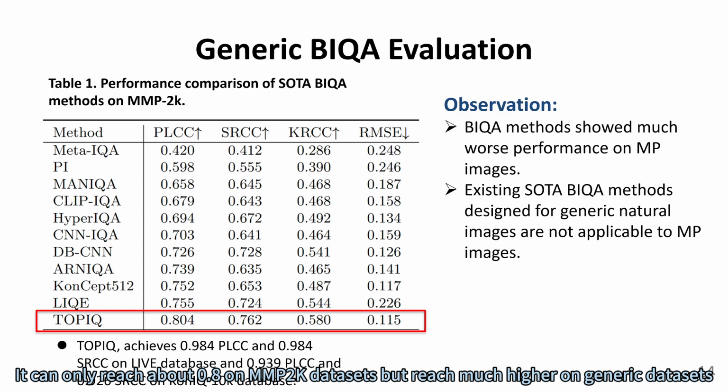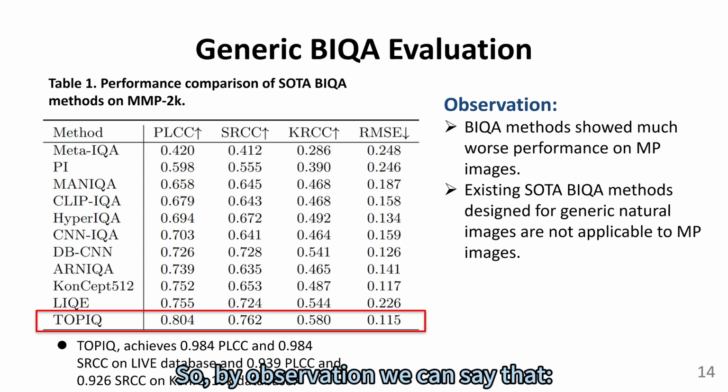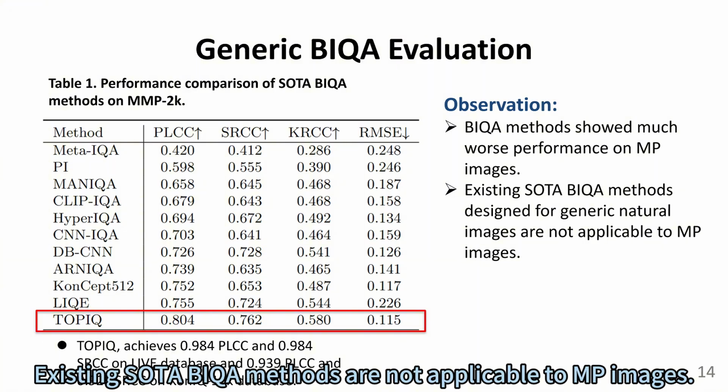It can only reach about 0.8 on the MMP-2K dataset, but reaches much higher on generic datasets. So, by observation, we can see that BIQA methods show much worse performance on MP images. Existing SOTA BIQA methods are not applicable to MP images.